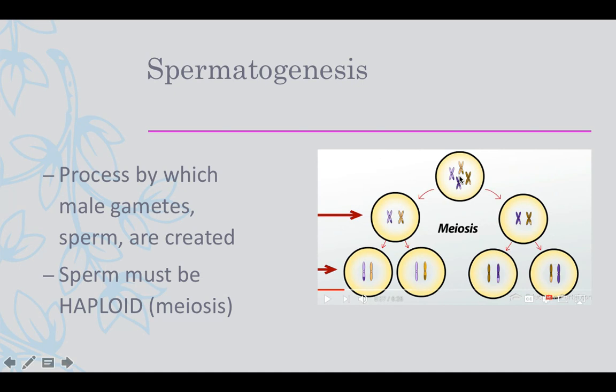You can see here we start with 4 chromosomes, and then eventually we're going to end up with half of 4 in each of these guys right here. And we're going to talk about how meiosis applies to spermatogenesis and what that means exactly.